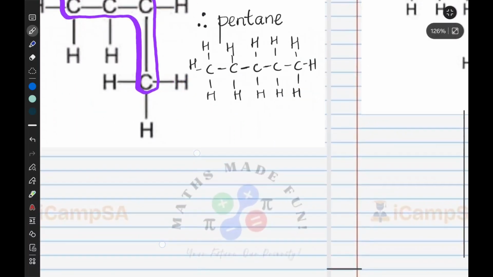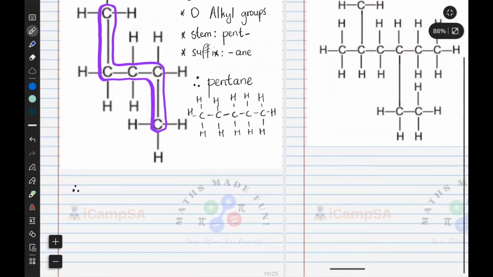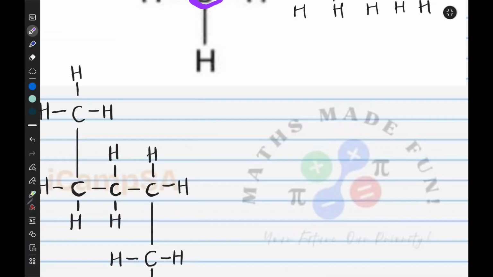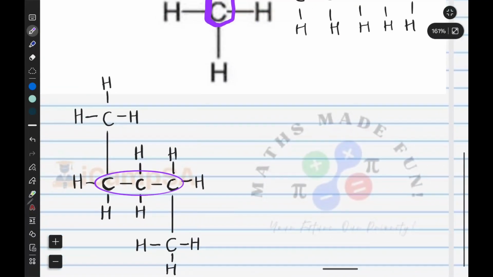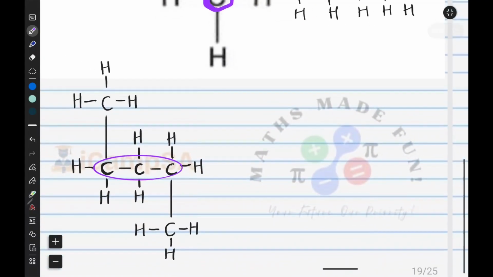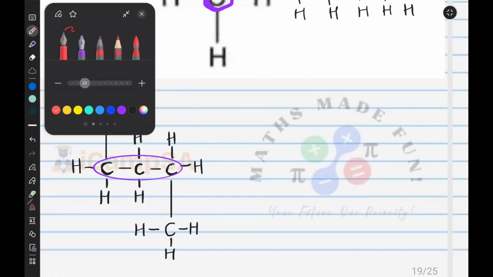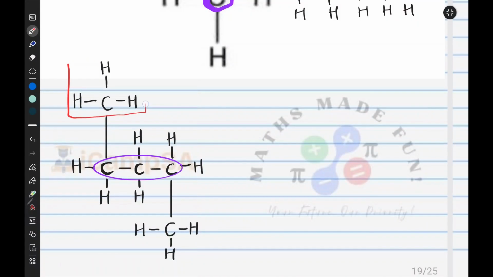So I left this space so that I can show you that it's not allowed to say that this is our longest chain. It's not allowed, okay? You can't do that. Because then you would have this being your alkyl group.